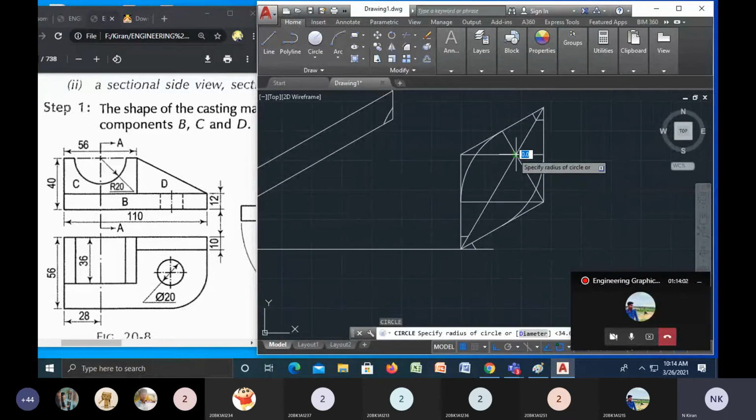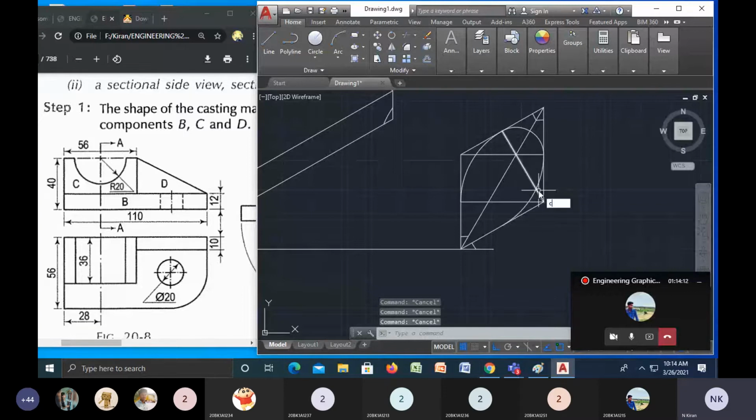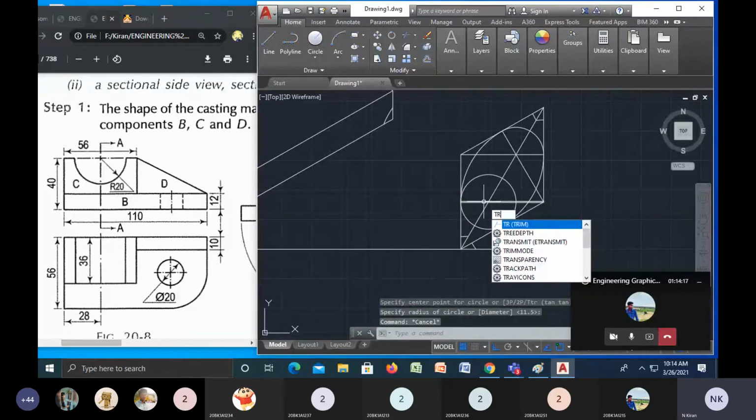C enter. From this point up to here. TR double enter. C enter. From this point up to here. TR double enter.